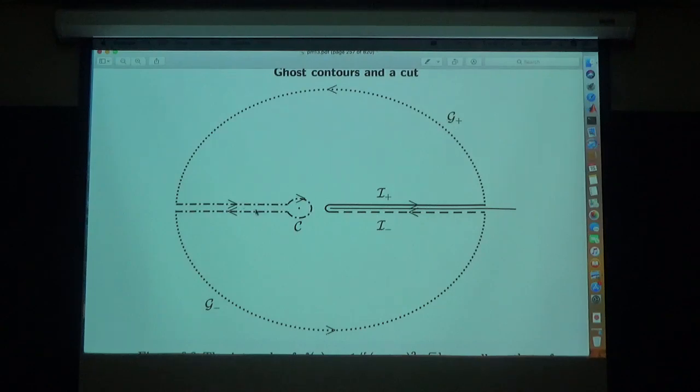We add two contours here that are going to cancel each other, and then we wind up with a clockwise loop around the pole. And then, because we added this contour here, if we want to get something that's 0, we have to add an integral from infinity to 0 going just below the real axis.